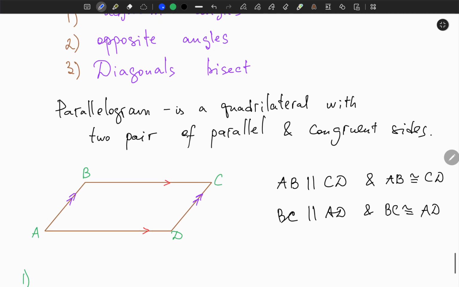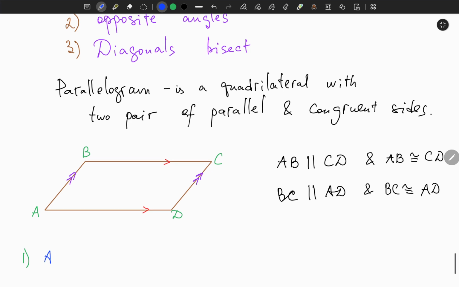Property one: adjacent angles. What's going to happen with the adjacent angles of the parallelogram? Okay, when we say adjacent, we mean neighbor angles. If we start with A, its neighbor is going to be either angle B or D. It doesn't matter which one.